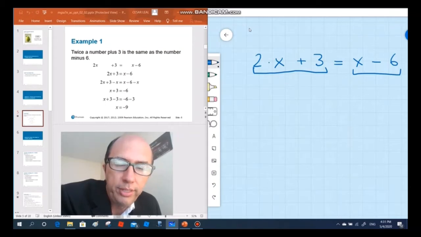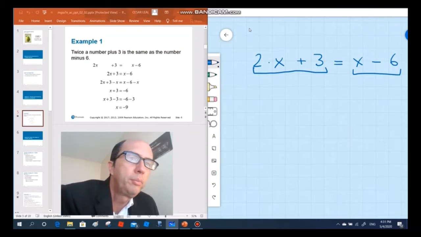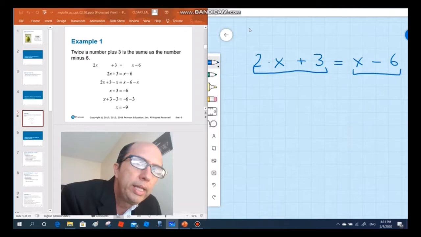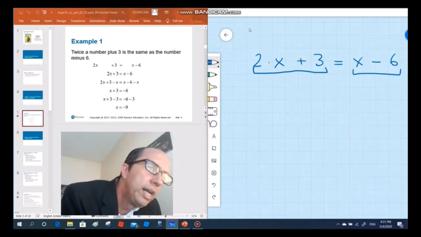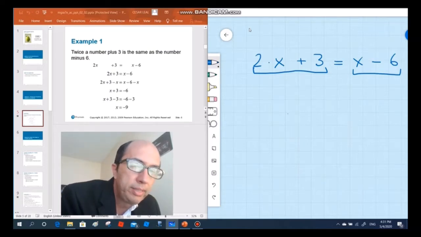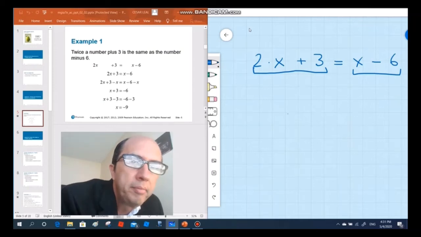The objective of using them is basically to have on this side only variables, on the other side only numbers, and simplify the most we can.